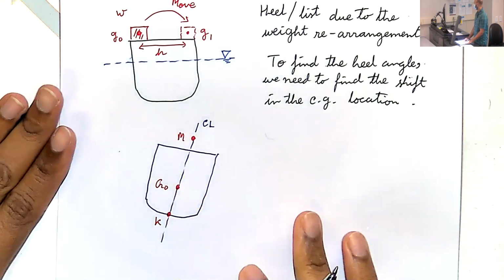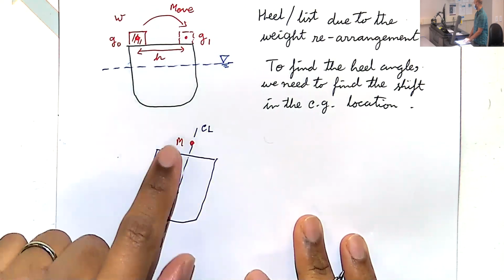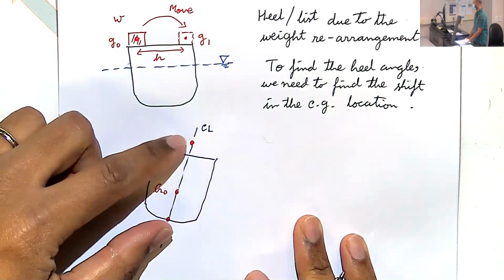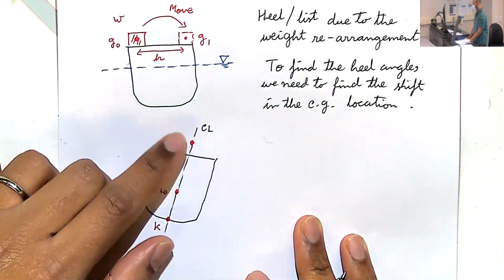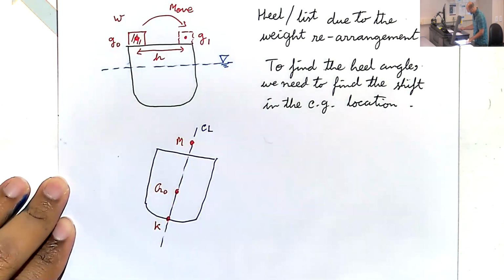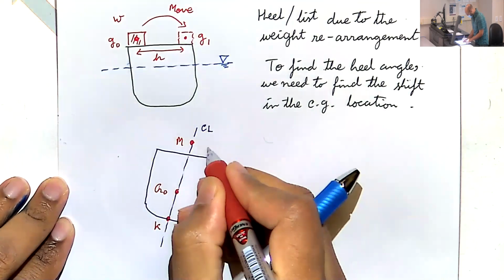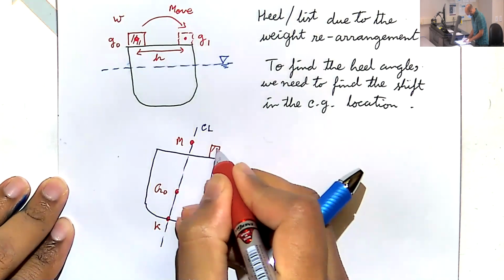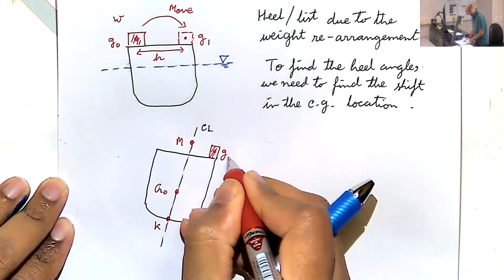And again, for small angle changes, the metacenter does not move a lot, so we can assume that it remains fixed. And this is G1.